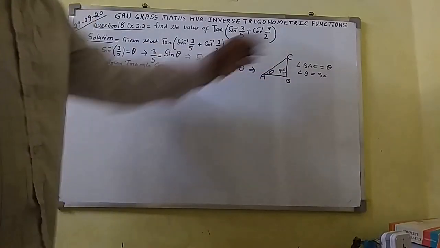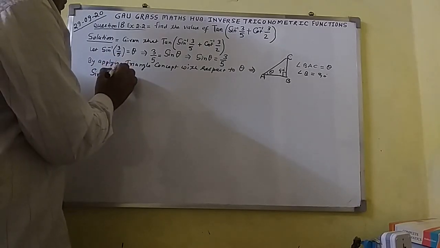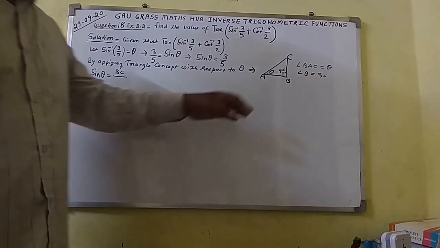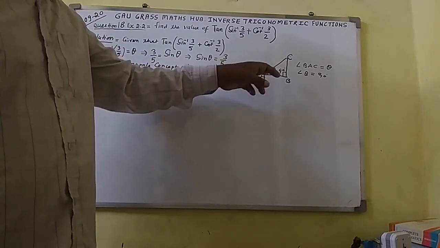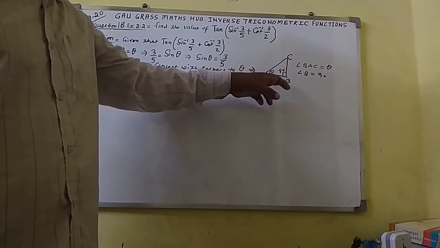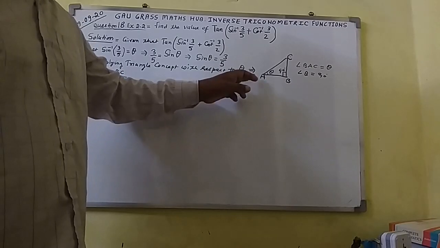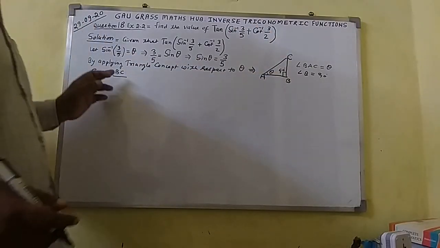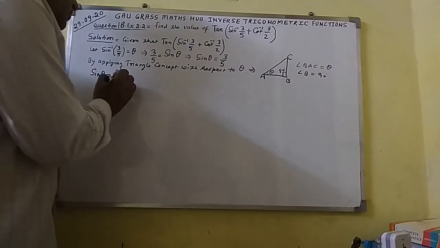The side AC is opposite to angle B, that is 90 degrees, so AC will be the hypotenuse. Sin theta equals BC perpendicular over hypotenuse AC.